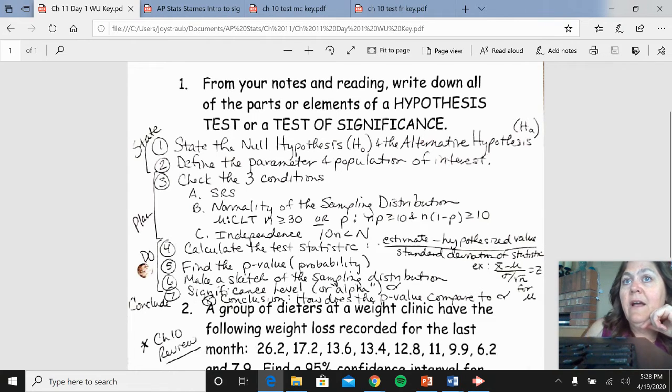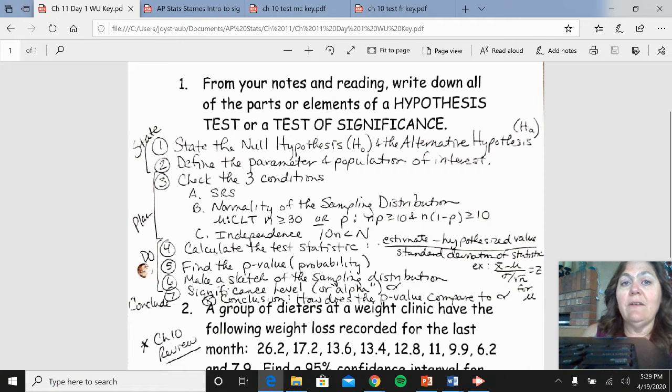Okay. All right. The plan is exactly the same 3 conditions as we used in CIs. The do has a new part to it, and this is the newness of this chapter. There is a formula where you take the estimate. In our case, if we're going to start with means, that's the x-bar, your point estimate.